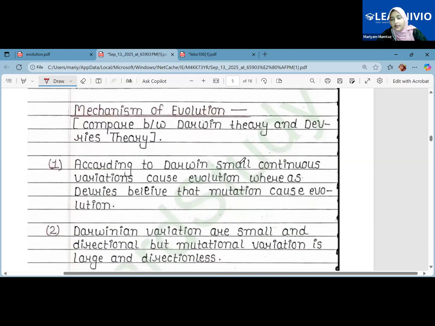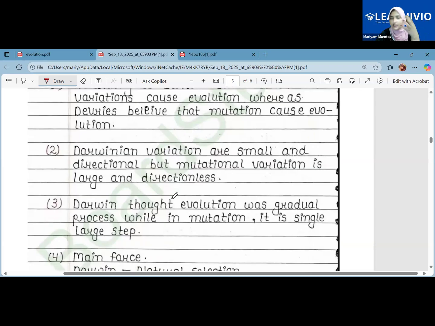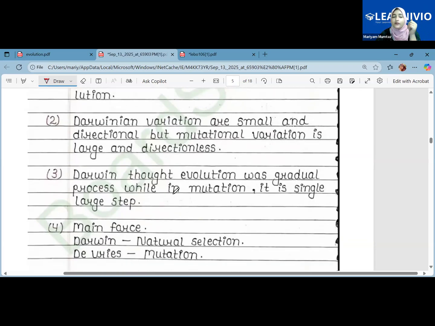According to Darwin, small, continuous variations are going to cause evolution. Whereas Hugo de Vries believed that mutation, which is sudden and large, would cause evolution. Darwinian variations are small, but mutational variations, that is Hugo de Vries' variations, are large and directionless because it is about mutation.